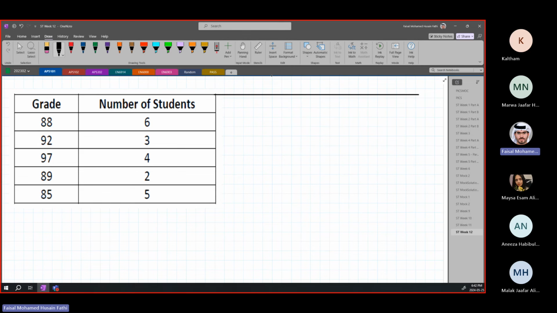I'm going to solve it using the simplified one, as you will have much easier numbers to calculate in general. Remember that this is our x value and this is our f value. This is our data and this is our frequency.